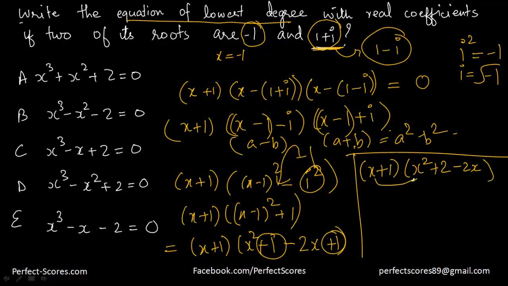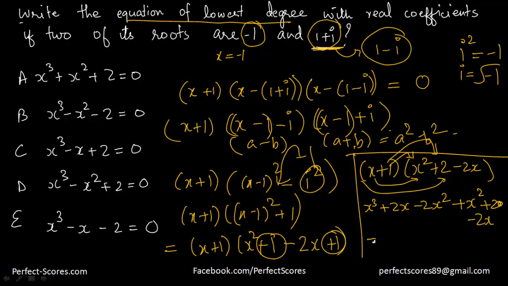I'm going to multiply each term by x first, so it's going to be x cubed plus 2x minus 2x squared. Then I'm going to multiply each term by 1, that is x squared plus 2 minus 2x. So this is equal to x cubed plus 2x and minus 2x, which cancel out completely. Minus 2x squared and plus x squared is minus x squared, plus 2, equal to 0.